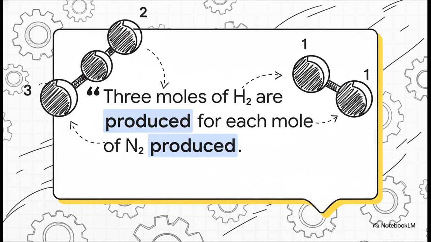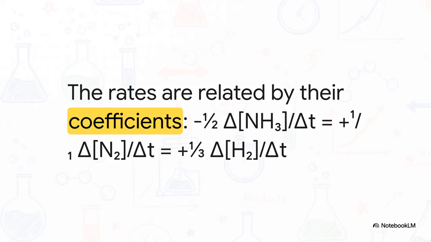Yeah, those big numbers out front in the chemical equation, those are the key. You can think of them like the ratio in a recipe, and the logic is actually really simple. The recipe here says, for every single nitrogen molecule you make, you have to make 3 hydrogen molecules at the exact same time. Their speeds are totally locked together in that 3-to-1 ratio. And chemists can capture that entire relationship in this one single elegant equation.